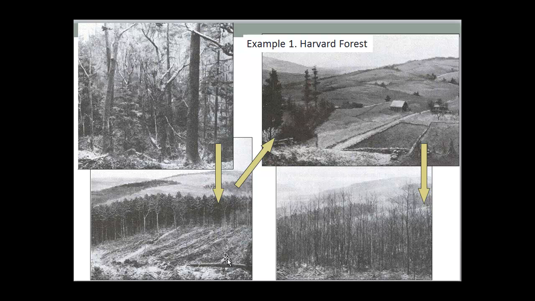You can see the two men in the lower right-hand corner of that box. Then moving to the upper right, you can see those cutover lands became farm fields, and as you move to the lower right, you can see that those farm fields eventually reverted back to forest. This is the natural condition of the soils of New York and the Northeast.